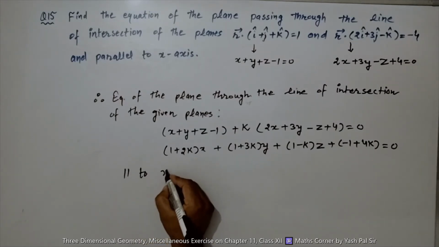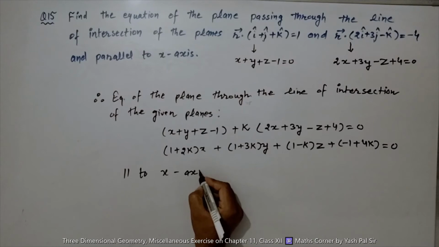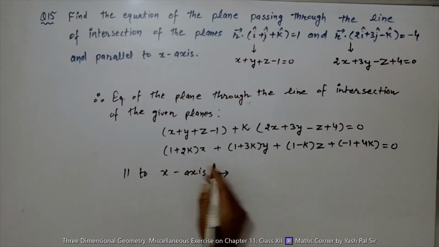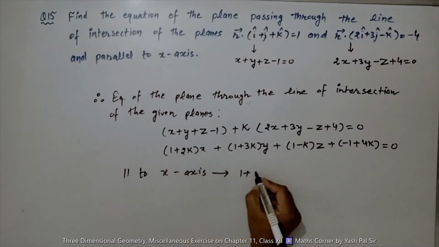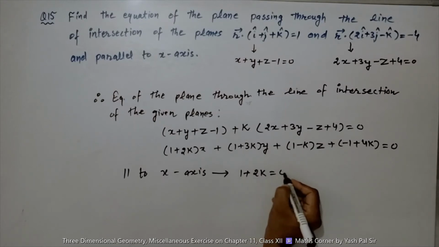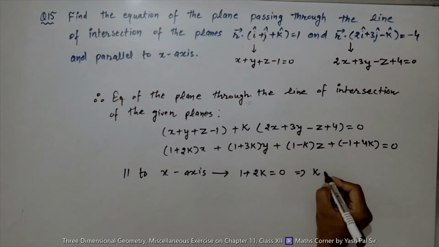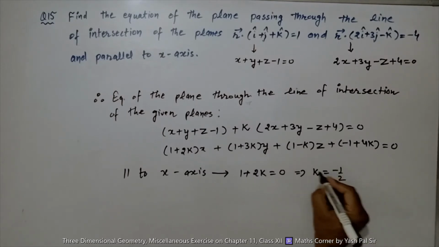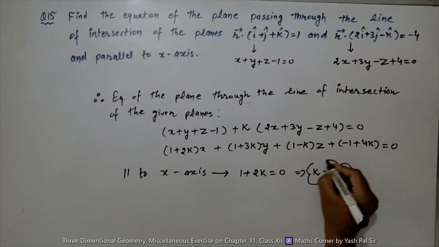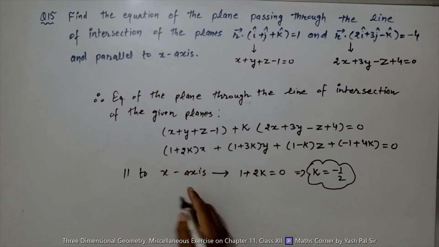Now the next condition is given, the plane is parallel to the x axis. Parallel to x axis implies we put here 1 plus 2k equal to 0, which gives us the value of k is minus 1 upon 2. We substitute this value here now.